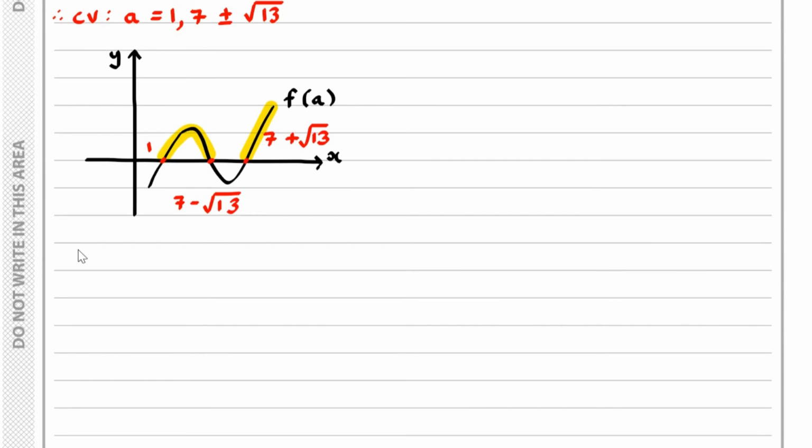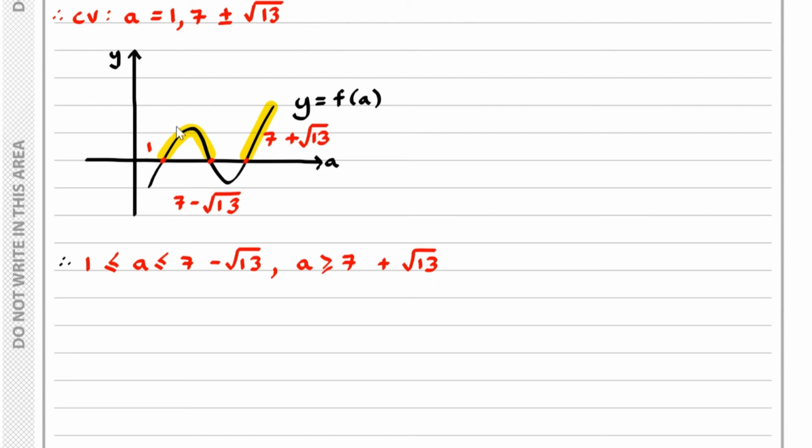So we have our inequality solution, 1 being less than or equal to a, being less than or equal to 7 minus root 13, and we also have a being greater or equal to 7 plus root 13.